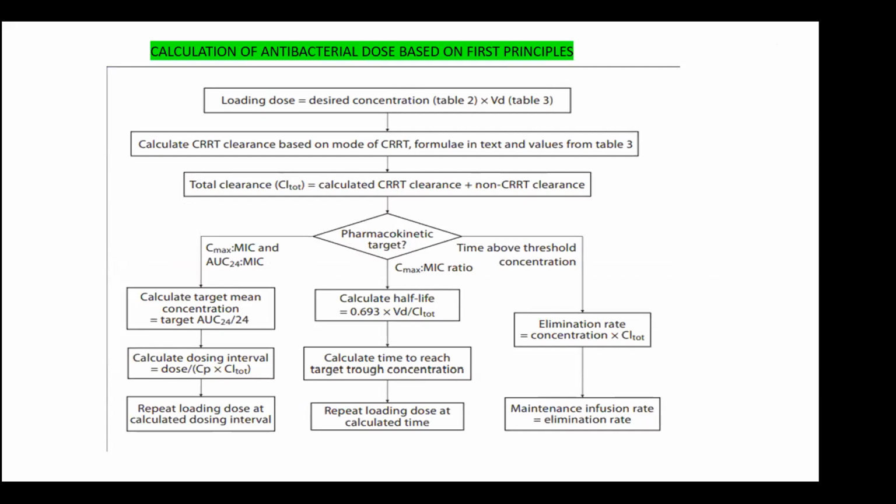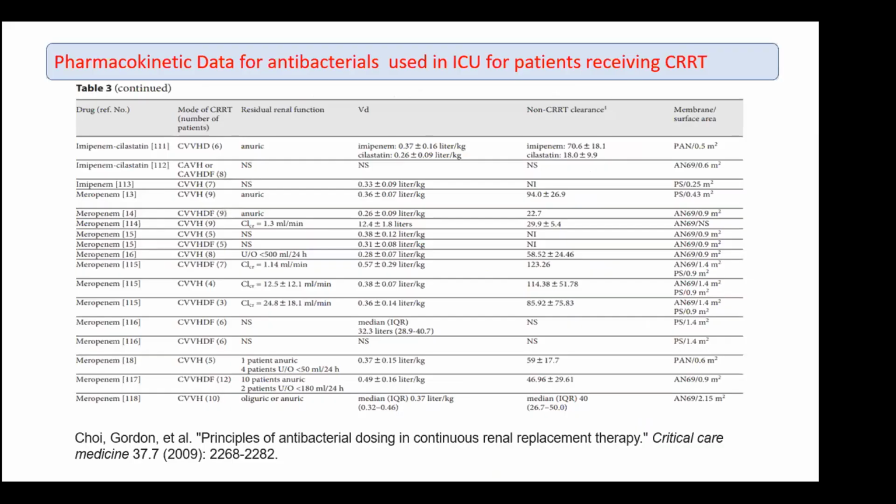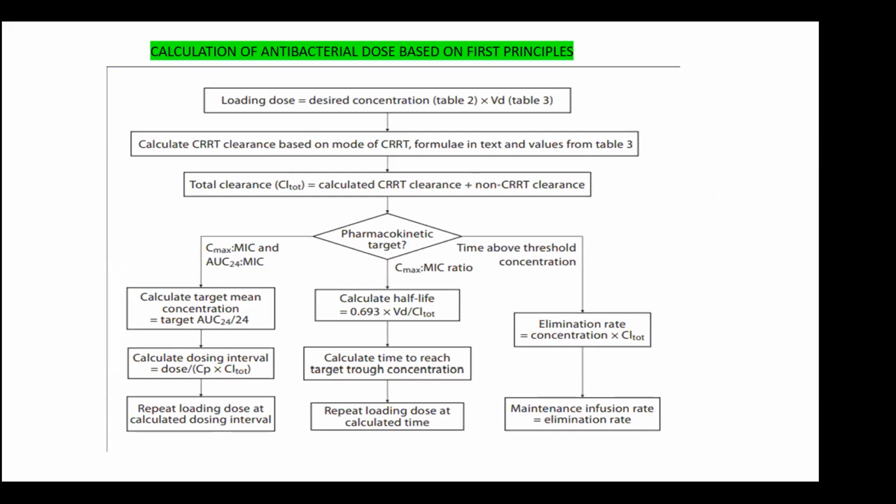And the maintenance dose is based on the clearance, the calculated CRRT clearance and the non-CRRT clearance. The CRRT clearance we can get from these formulas, and the non-CRRT clearance, again, we can get from these charts. So after we calculate the total clearance, how we are going to give the maintenance dose depends upon what pharmacokinetic target we are trying to achieve.